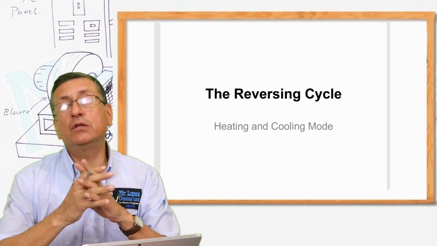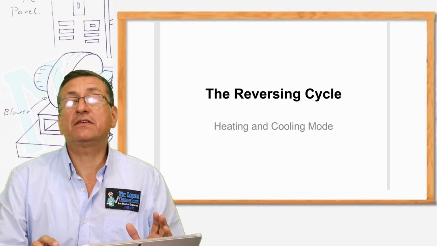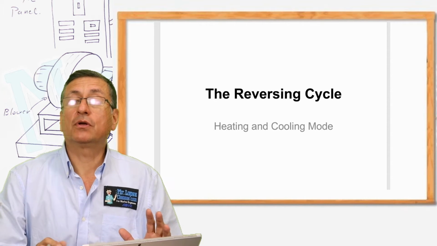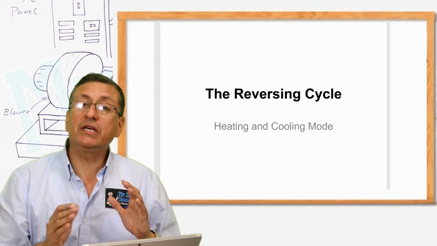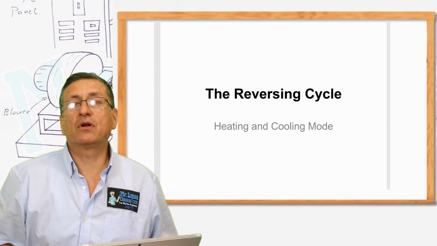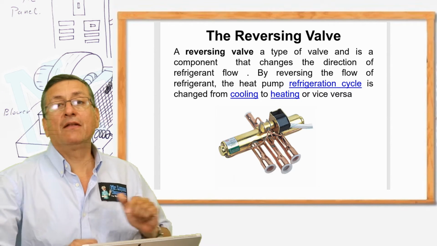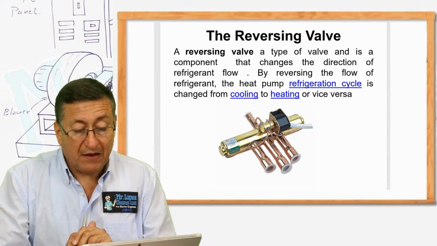And now we are going to analyze the reversing cycle. The reversing cycle is possible because in the system we are going to introduce the four-way valve or reversing valve. This is the valve. This is the reversing valve or four-way valve.